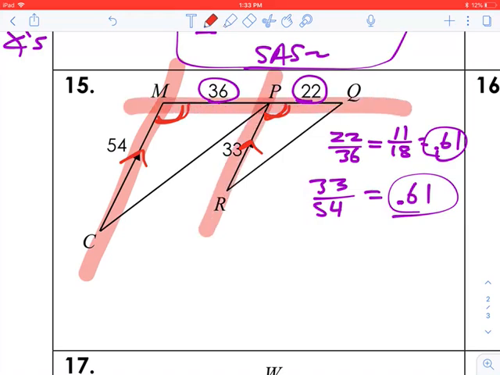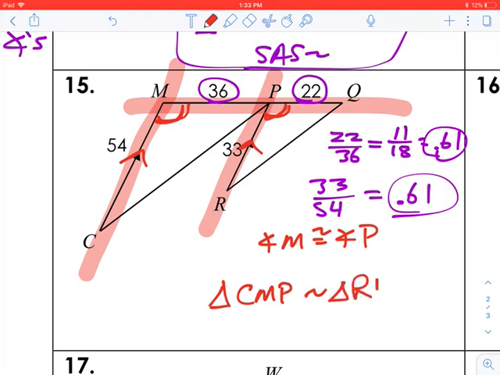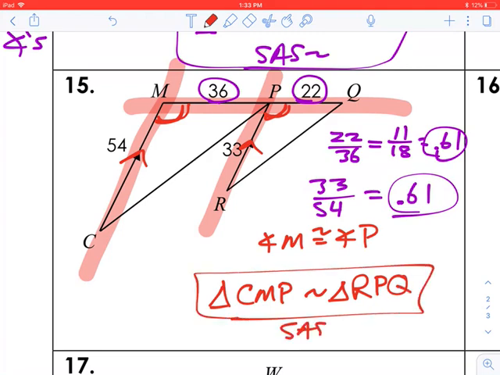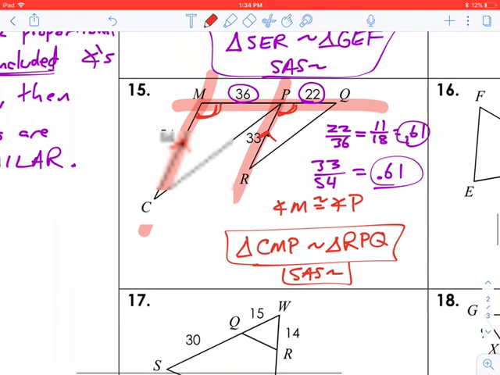Those are corresponding angles. So angle M is congruent to angle P. And so therefore triangle, I'm going to start with C. CMP is similar to triangle. C goes with R, so RPQ. And that is by side angle side similarity again.